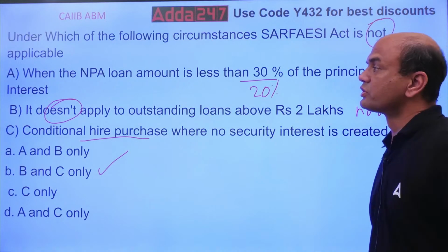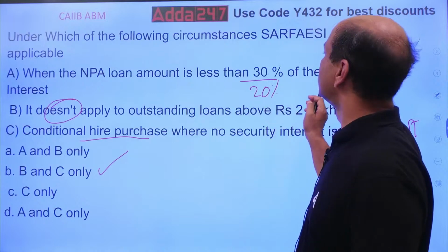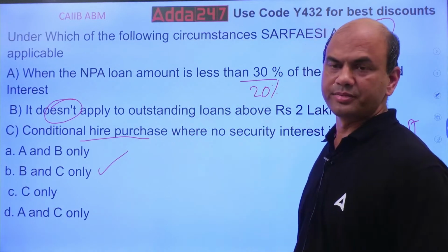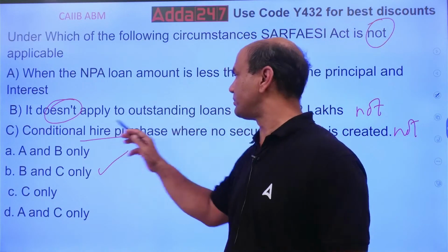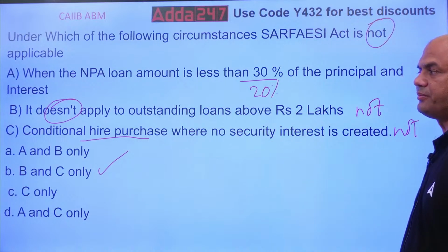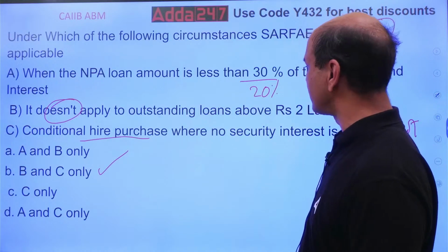So when NPA loans is less than 30%, then it is applicable. Below 20%, it's not applicable. It doesn't apply for outstanding loans above 2 lakhs. Okay, one sec. Let me see.